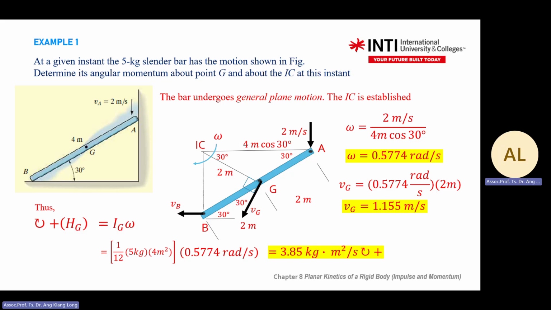Then only you can use that formula. So in this case it is L over 2, L over 2 here. Then only you can use that formula inside the appendix. It's at the center, so it's L over 2, so you can use IXX or IYY. If it's not at the center, then you cannot use that formula.